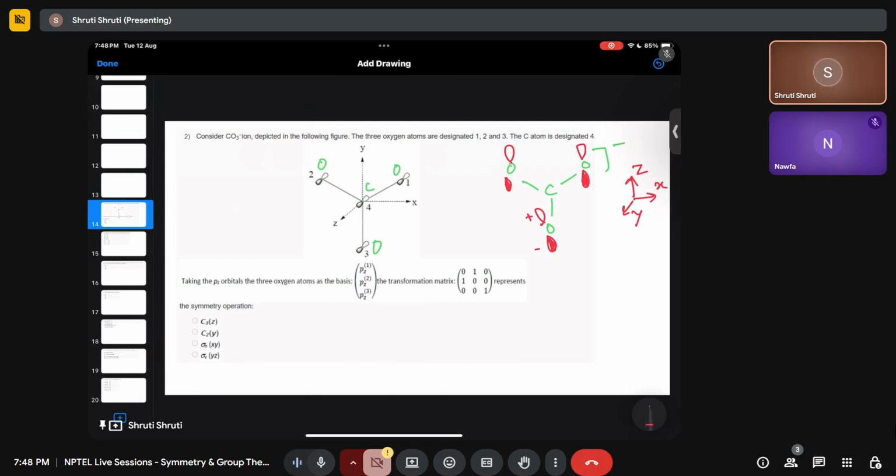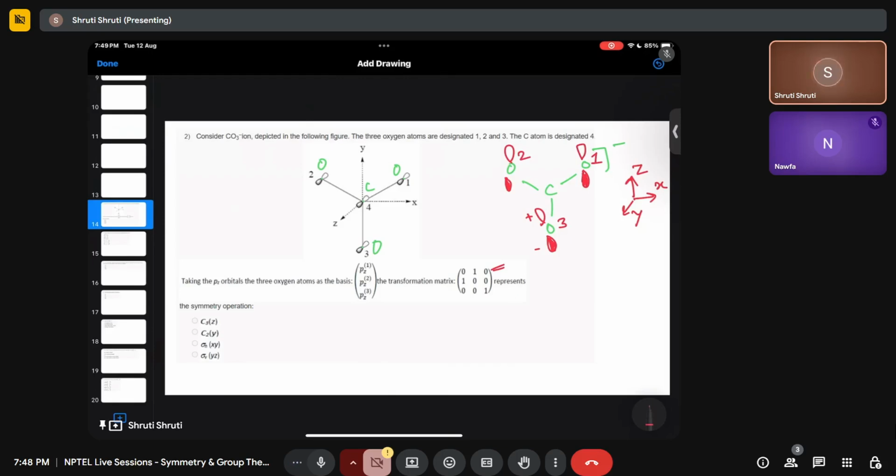This is the pz orbital, and this one is 1, this is 2, this is 3. Taking the pz orbital as basis, we have to write those pz orbitals as pz1, 2 and 3. The transformation matrix this represents.